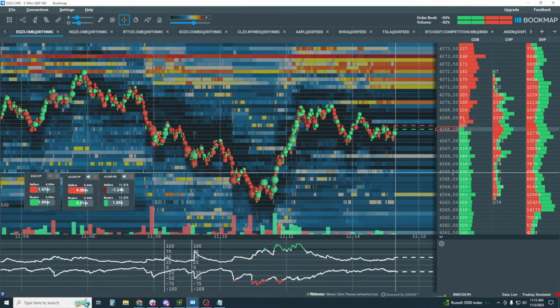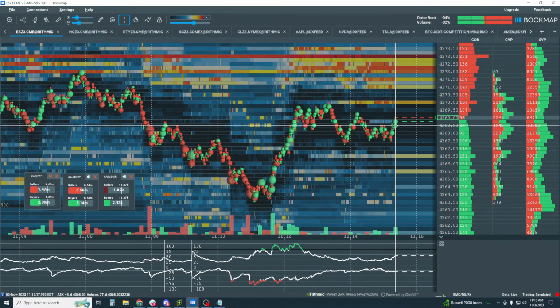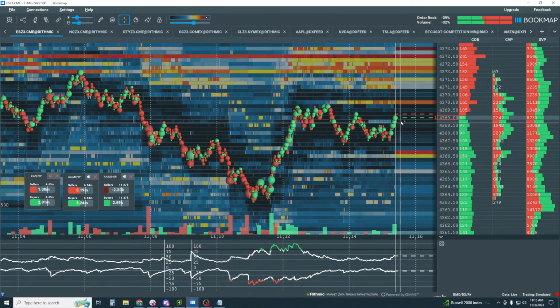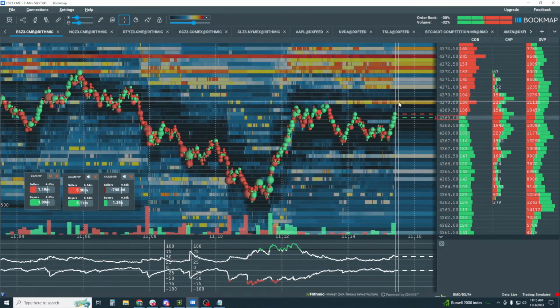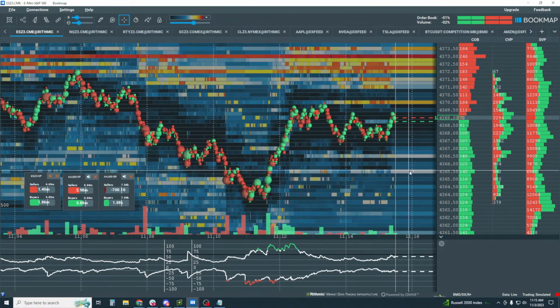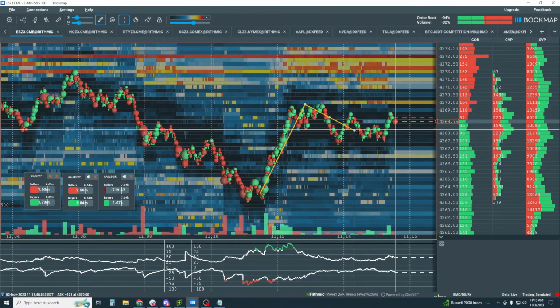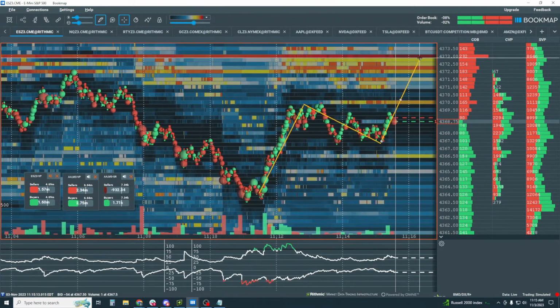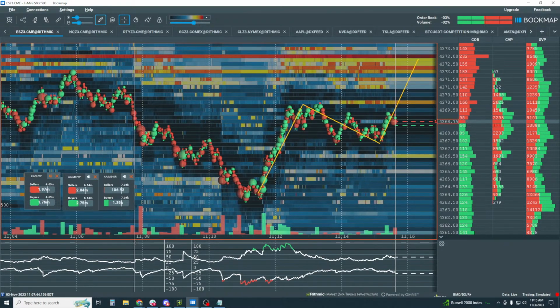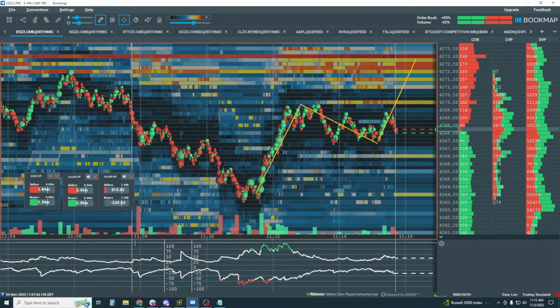Let's see if we trade into and through it though. Okay, looking good. All right, buyers, let's see you take it back up. Not just to 70, looking for 72, $72, $73, something like that.